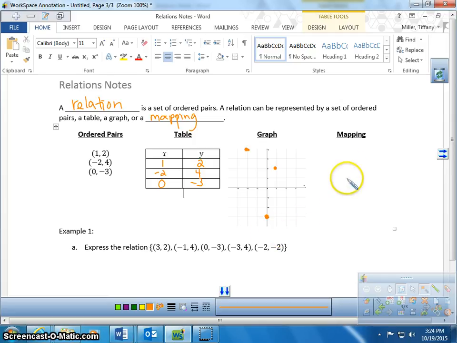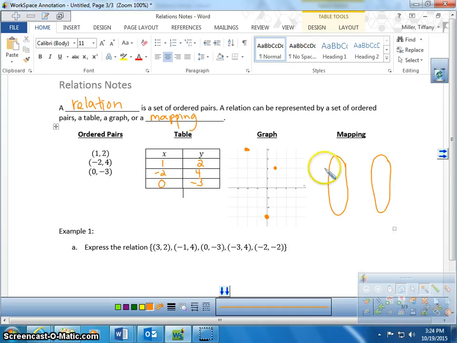And lastly, we're going to look at a mapping. A mapping is just another way to take this same information and put it in a different way. Okay? To make a mapping, you're going to first draw one oval, and then you're going to draw another oval. These two ovals represent the x's and the y's.